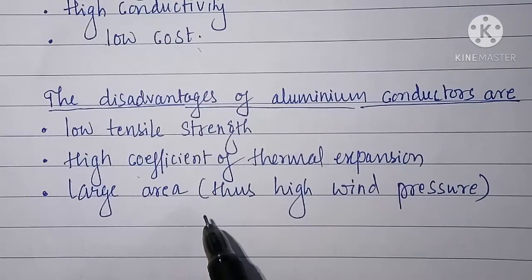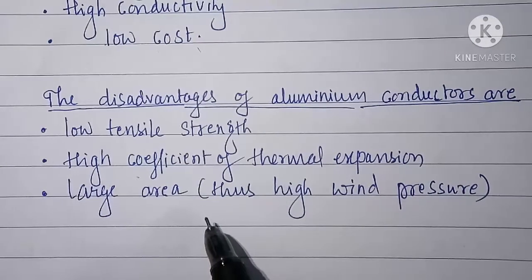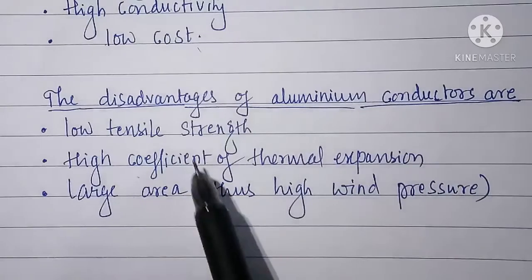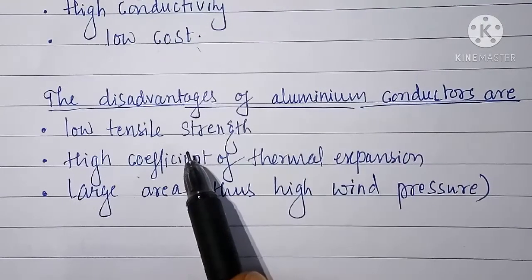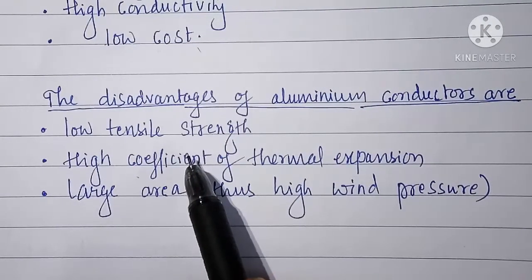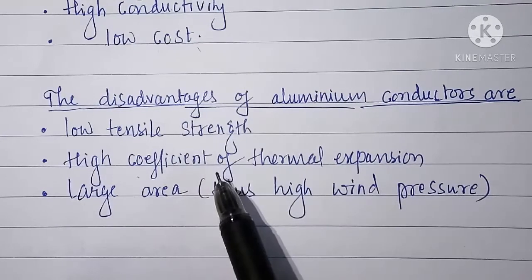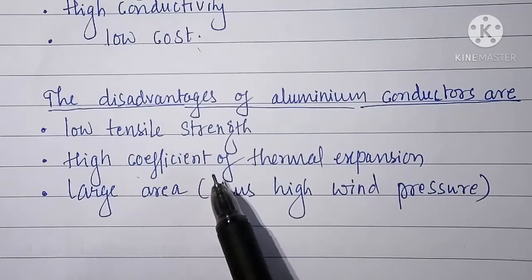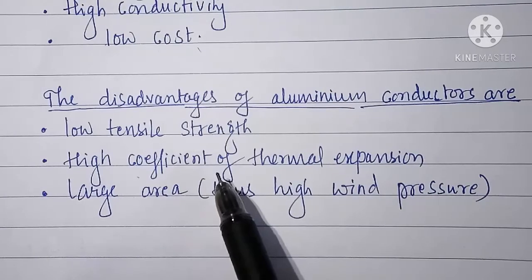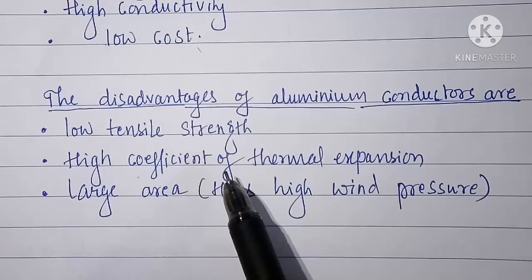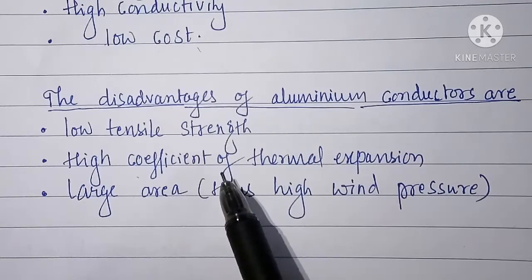To overcome these disadvantages, that is to increase the tensile strength, which is the most required property of aluminum conductor, one or more central conductors of different material are used.